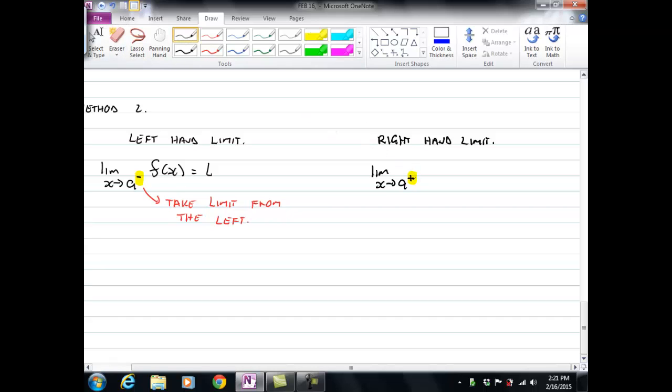This means take the limit from the right. f of x equals L. So we're going to break your limit now into two limits, left limit and right limit. This is what you've actually been doing before, except I didn't tell you what the trick was.